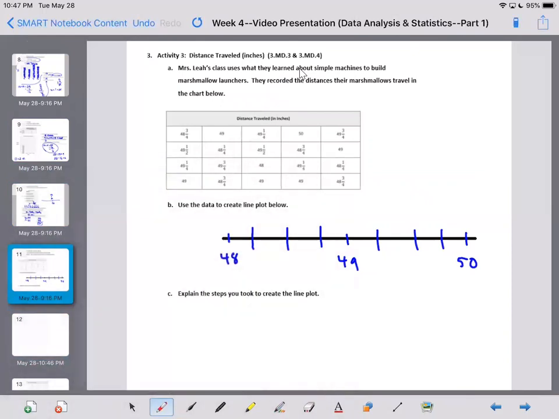So there is a 48, and there's two 48 1/4. There's no 48 1/2. There's three 48 3/4. So here's your fourth. There's your half. There's your 3/4. There's your fourth. There's your half. There's your 3/4.